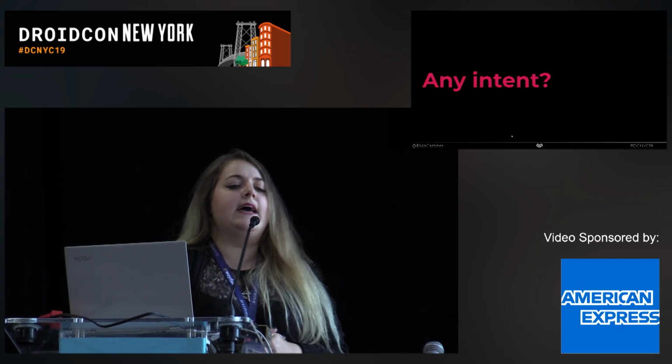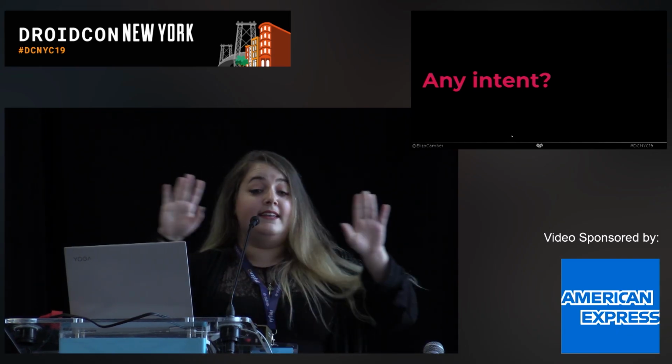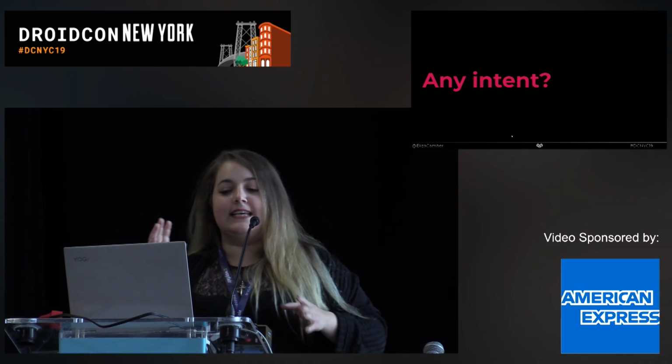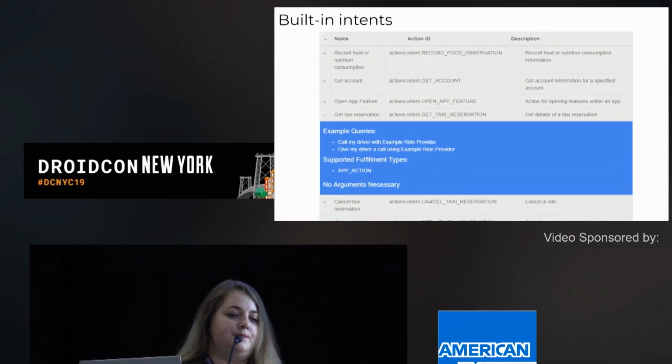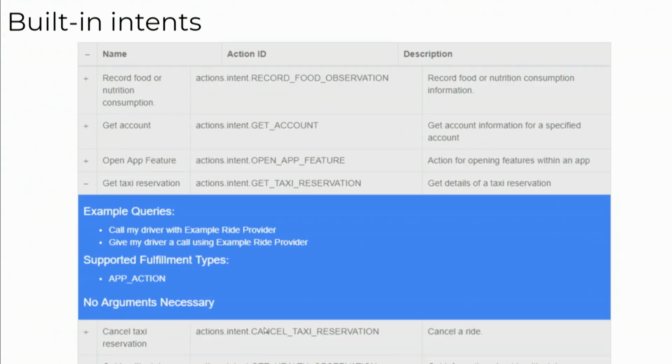So we talked about intents. Is it available for any intent? It's a yes and no answer. They have a lot of built-in intents, and the built-in intents that are currently there are mostly for everyday applications, like food ordering, ride sharing, games, and stuff like that.